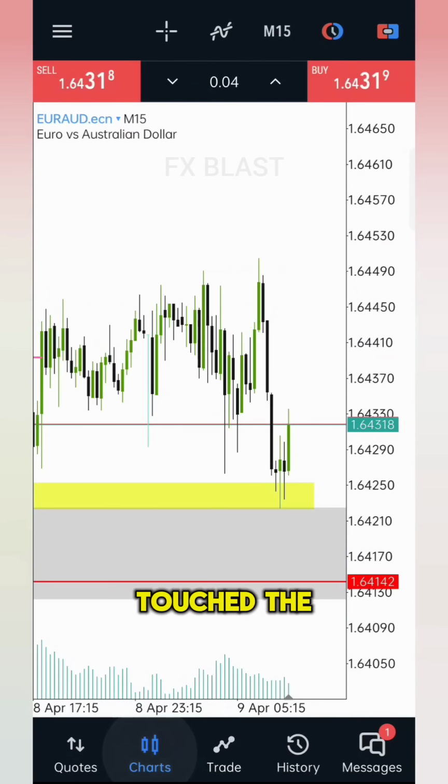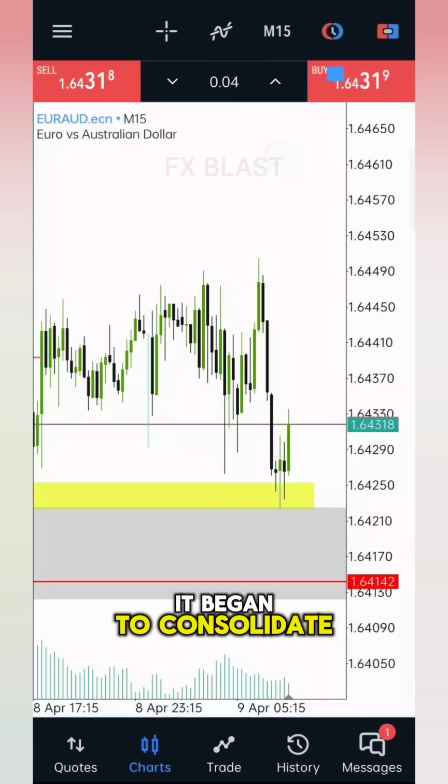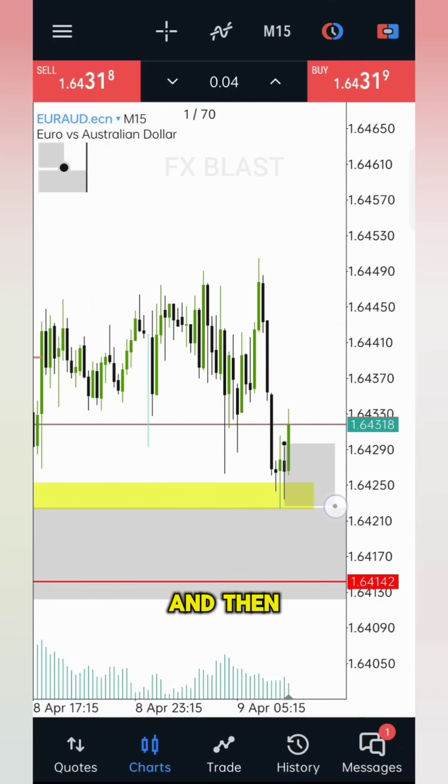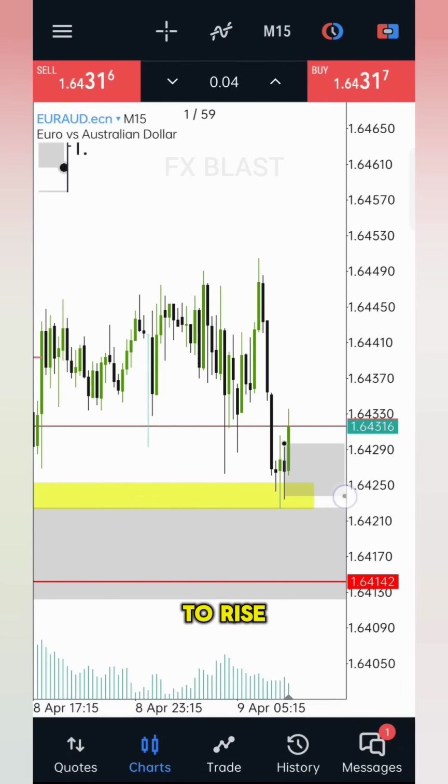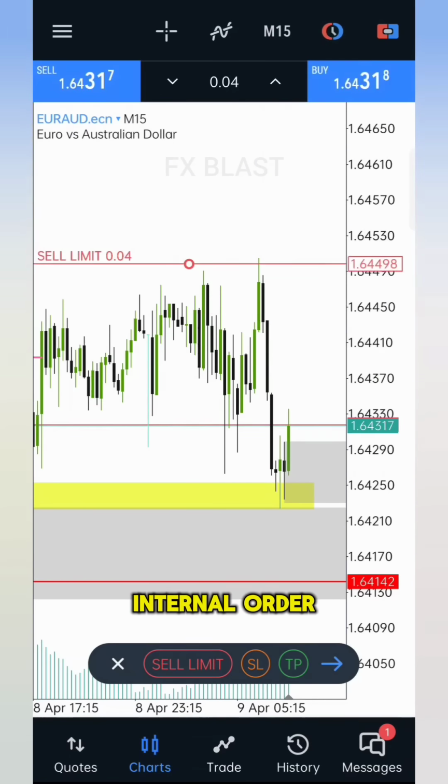Guys, when the price touched the imbalance area, it began to consolidate in that range again, and then the price broke through and began to rise. So, this is my internal order block.